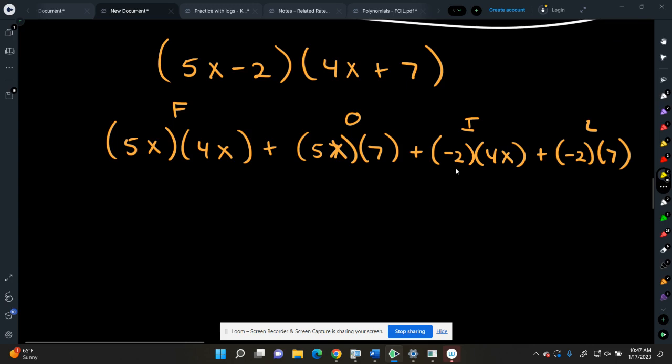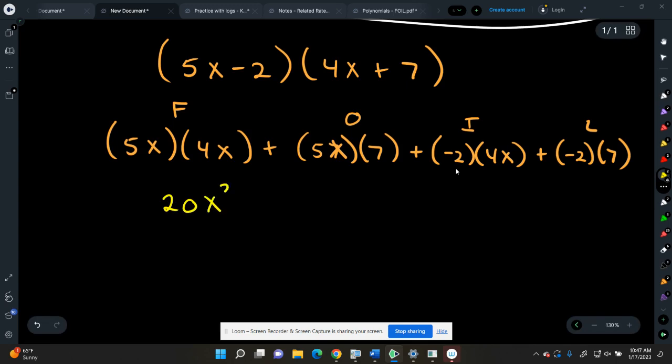So what's 5x times 4x? 20x squared. Okay. 5x times 7, this is 35x. Negative 2 times 4x gives us negative 8x. Negative 2 times 7 gives us negative 14.